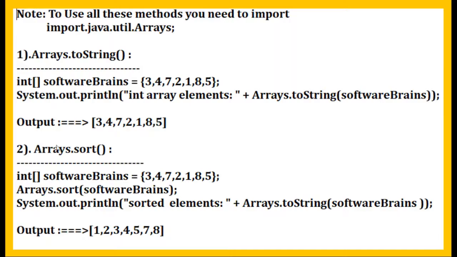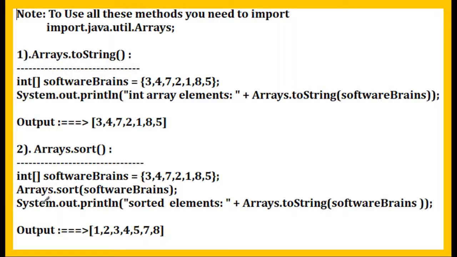So moving on to the next method. The next method is the Arrays.sort method. As I have discussed earlier, it sorts the elements in ascending order. See, I have taken the same array softwareBrains, and I need to sort this array.